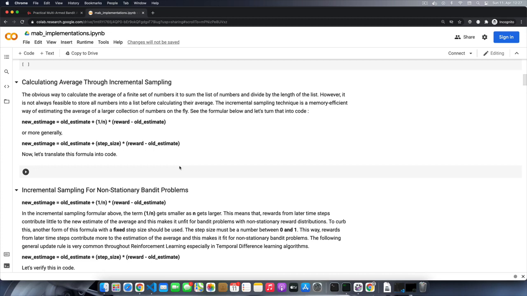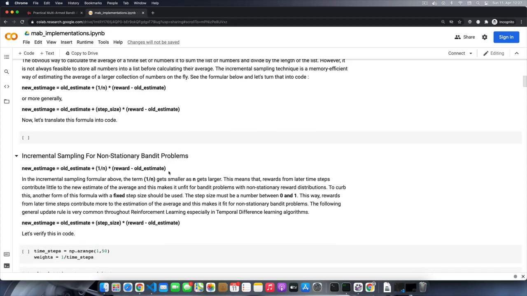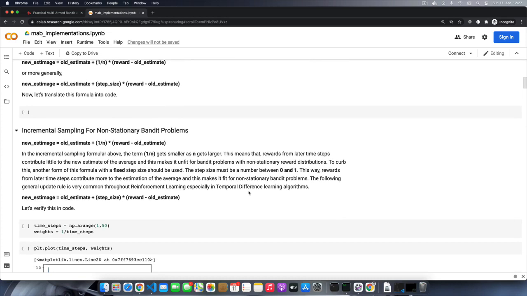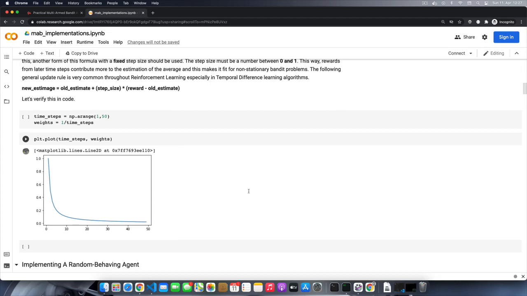But for reinforcement learning agents that are built to run very long in production, you agree with me that the size of your list is going to grow linearly with time, and so it becomes computationally expensive, especially in terms of memory. This incremental sampling technique helps you calculate averages without the need to store an entire list of numbers. So basically, you're calculating the average on the fly.